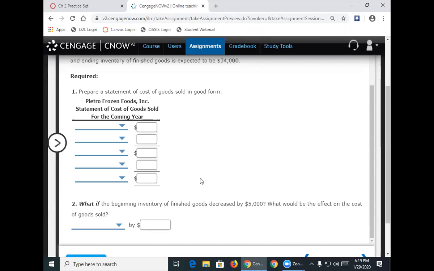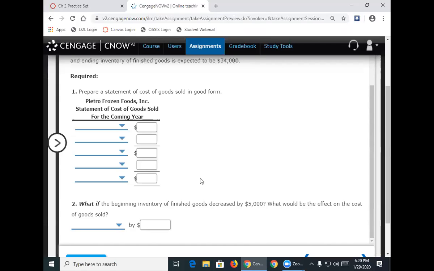And they tell us, let's see, up above the required stuff, it says beginning inventory of finished goods is 42,500. And ending is 34,000. Okay. So to calculate cost of goods sold, we're taking beginning finished goods plus the cost of goods manufactured minus the ending balance.